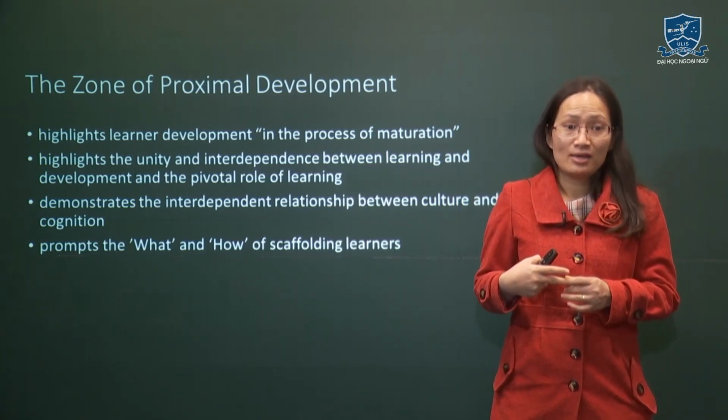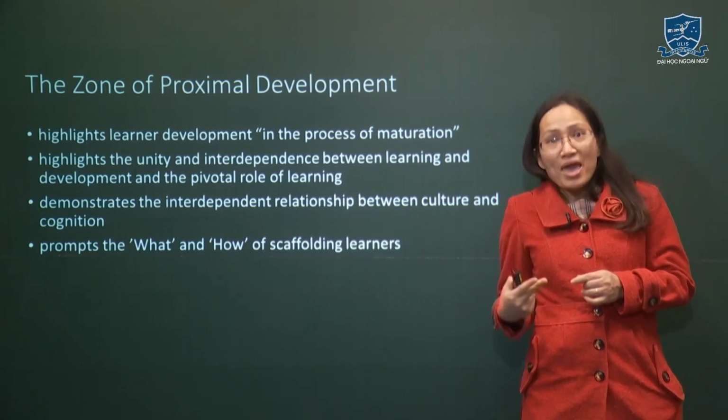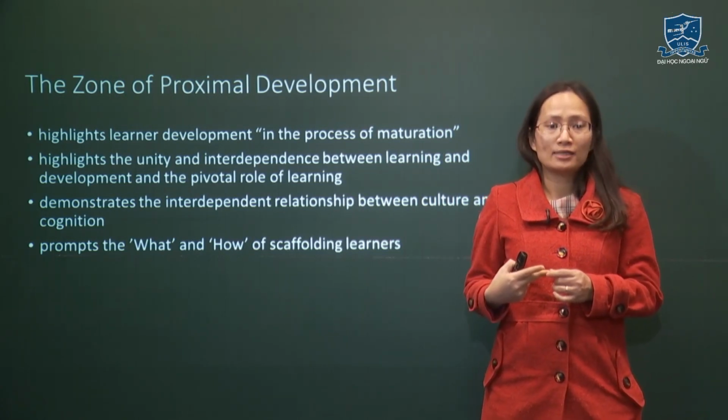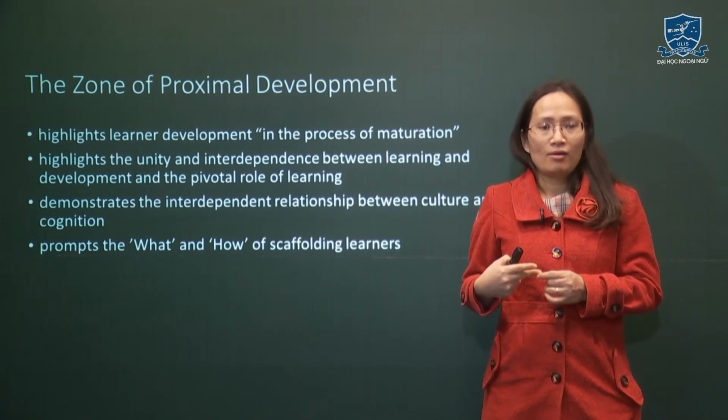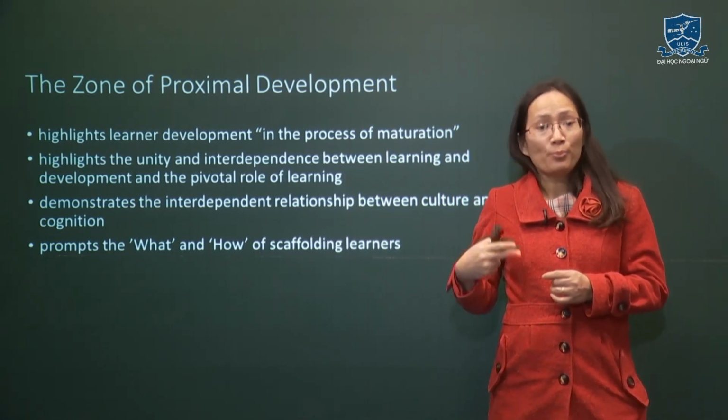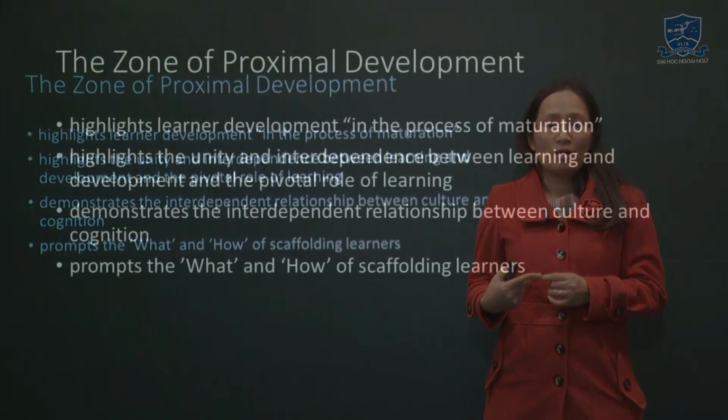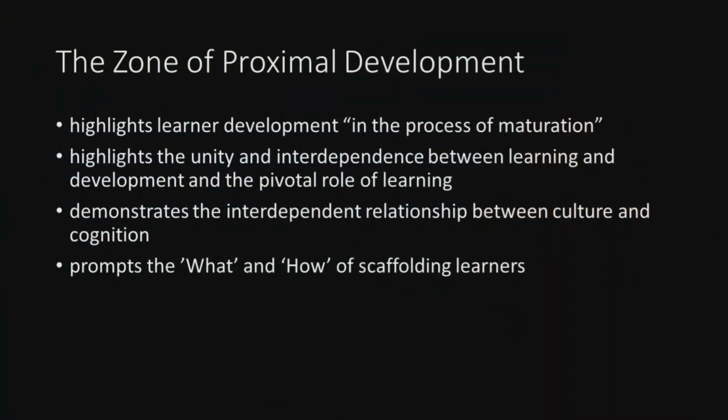The last merit of this construct is that it provides prompts about the what and the how of scaffolding our learners. And this is really what educators and researchers are interested in.